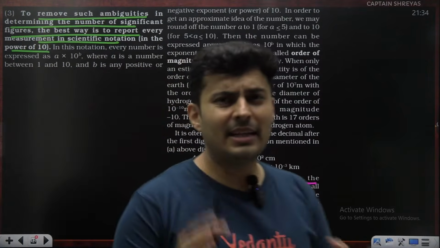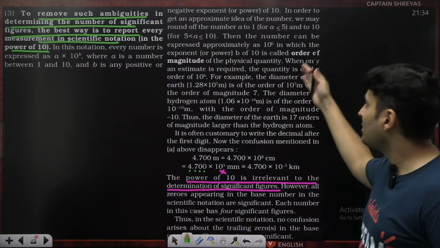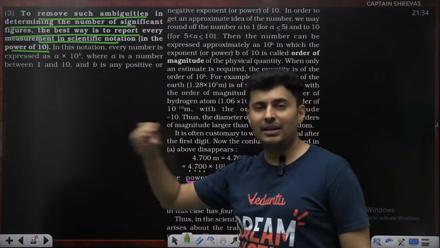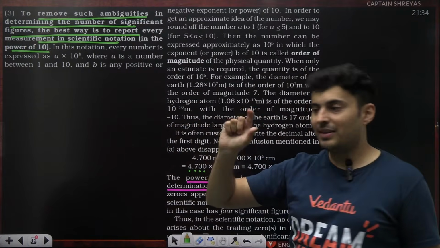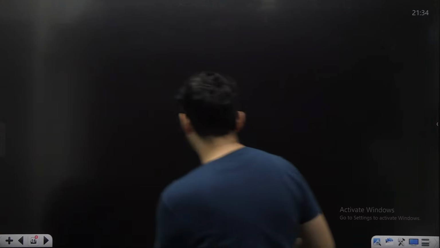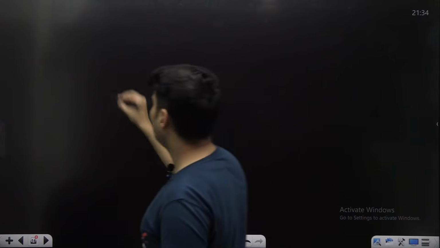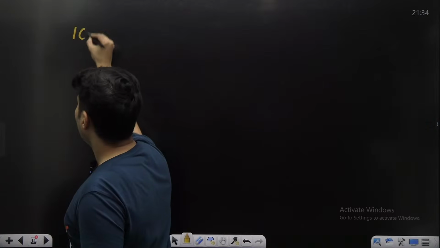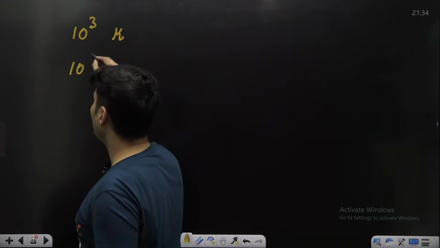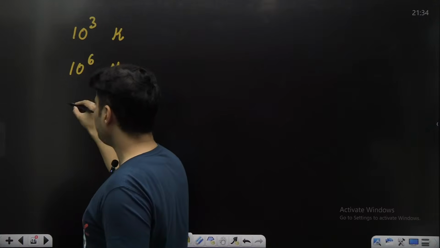All right. Now there is a table which is given behind, which is basically different powers of 10 and their prefixes and what they are called. You should know it actually, but it is very simple to remember. It's not that difficult. See, if it is 10 to the power 3, it is basically called kilo. If it is 10 to the power 6, it is called mega.